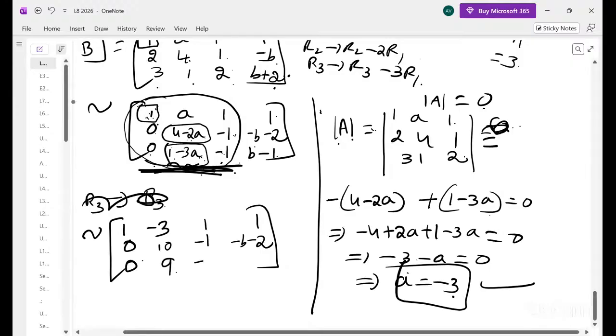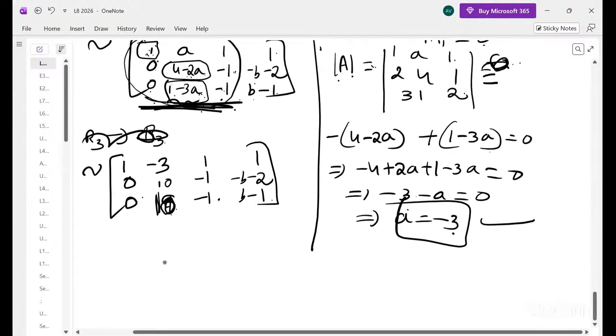This will be minus 1. This is B minus 1. Correct? A equal to minus 3, so it becomes 10. Correct? Any doubt? Any mistake anywhere? 9 plus 10, ma'am. Where? Here. A equal to minus 3, yes, 10. Correct.